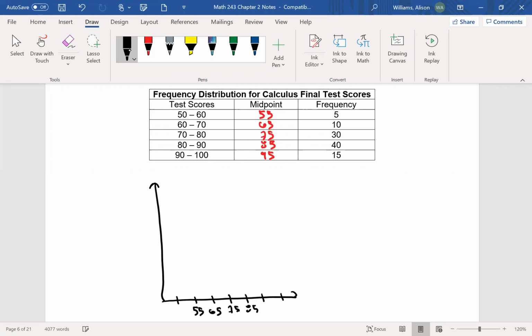I'm going to actually give myself a little bit above and below those two starting points. So I'm going to go down to 45 and up to 105. I'll explain why in just a second. Okay, so the frequencies are, let's see, maybe go by fives. That wouldn't be unreasonable since our largest one is 40. So it'd only make me have to draw 8 tick marks.